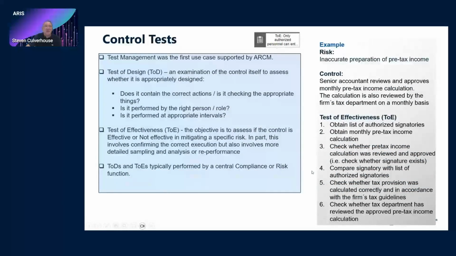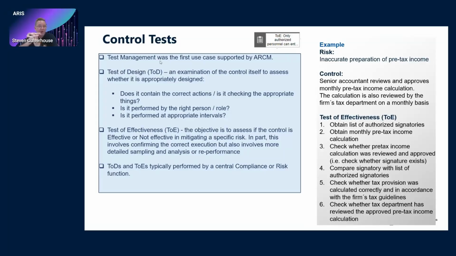Control tests, on the other hand, are typically performed by a central compliance team or a risk function or indeed internal audit perhaps. And there are two types of tests. There's your test of design and there's your test of effectiveness. The design, as I said before, is really looking at whether the control includes the right activities.